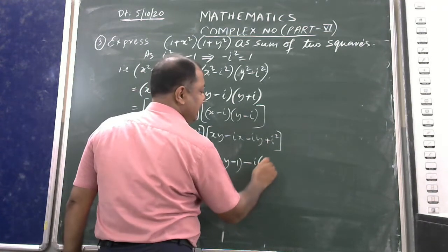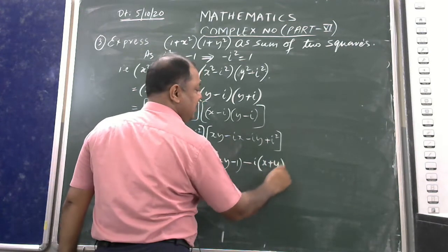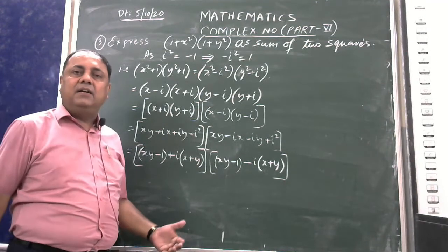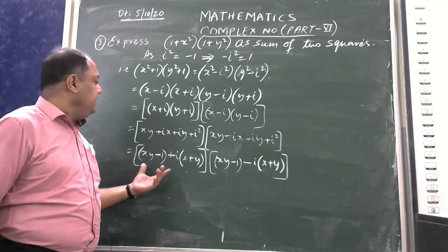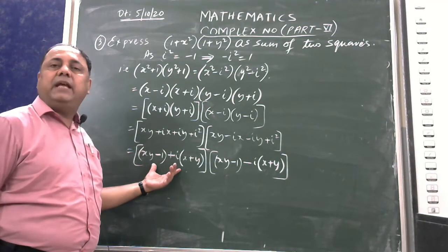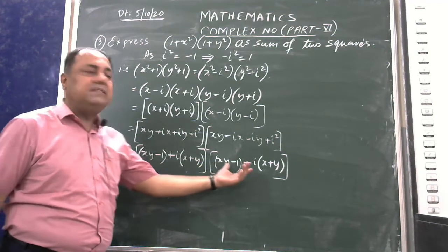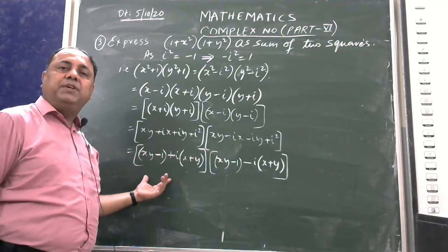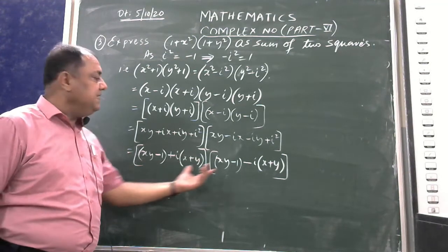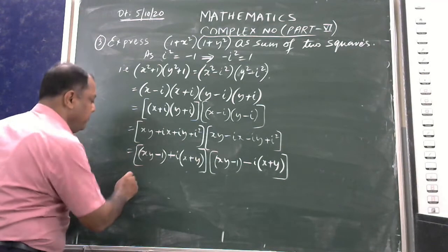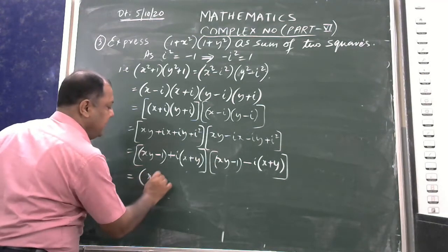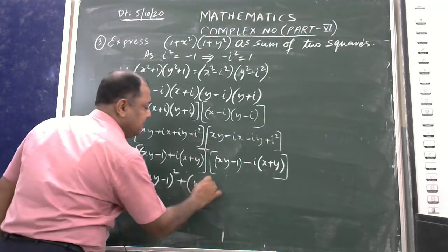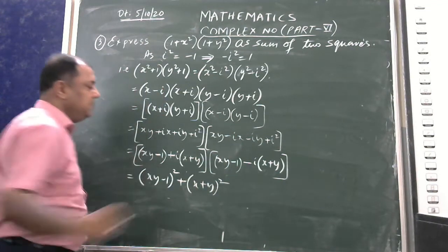Just see what I have got: this as a plus ib and this as a minus ib. The product with its conjugate can be written as xy minus 1 whole square plus x plus y whole square.